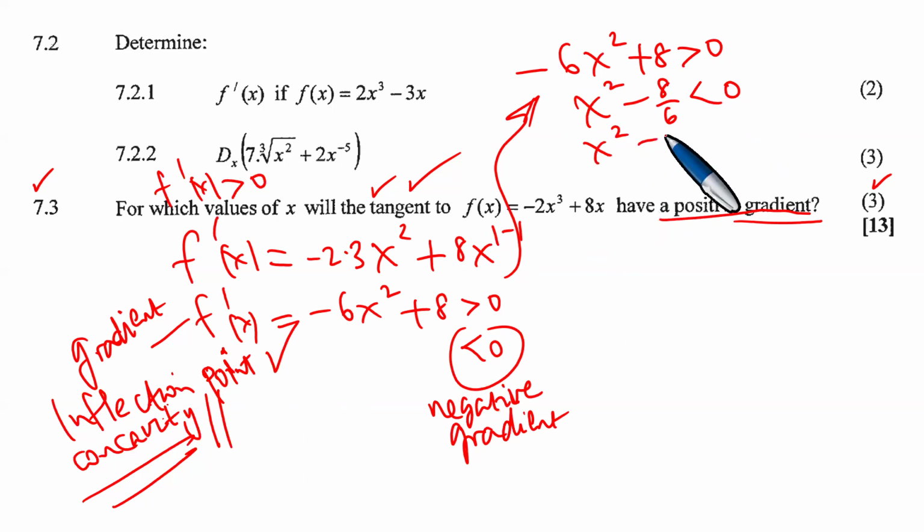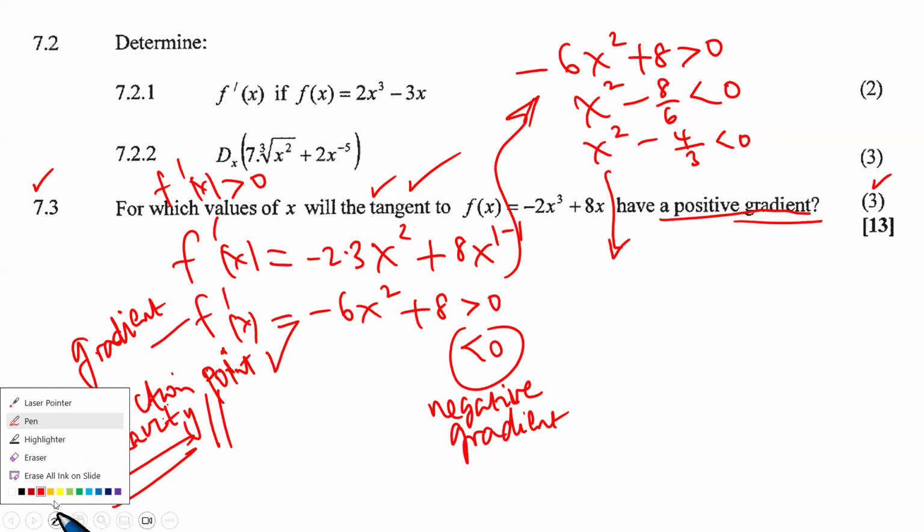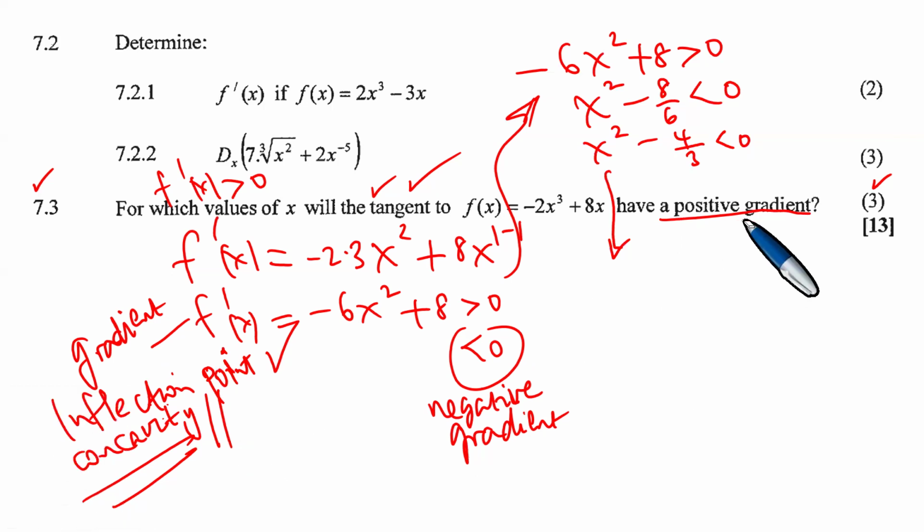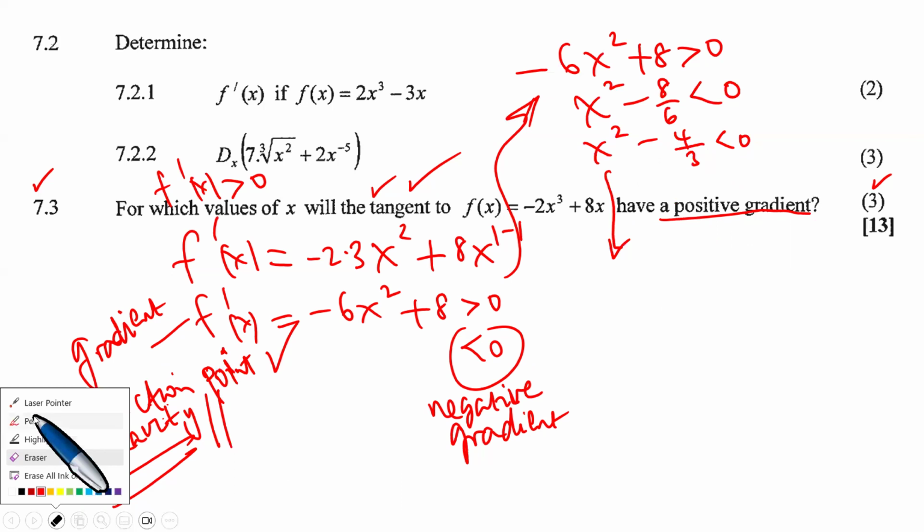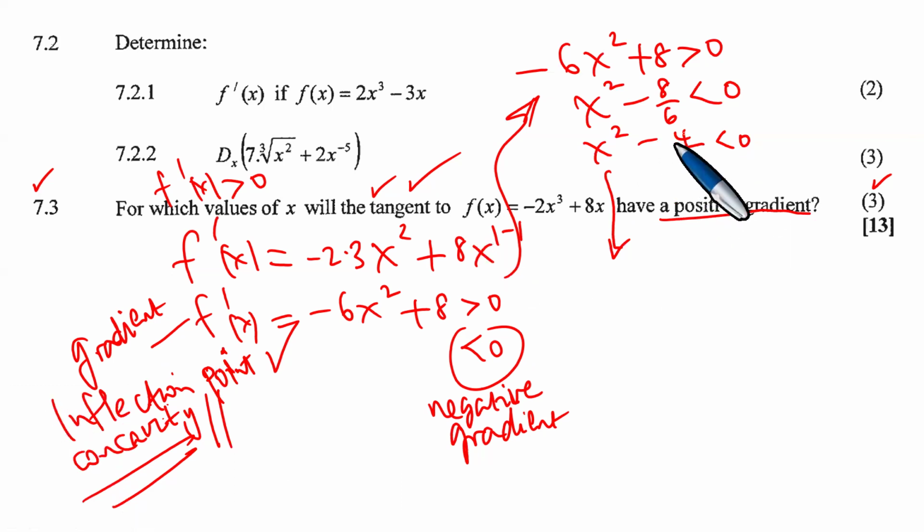What is the common factor between 8 and 6? It's 2. If you divide 8 by 2 you get 4, and you divide 6 by 2 you get 3. So that gives us x squared minus 4/3 is less than 0.